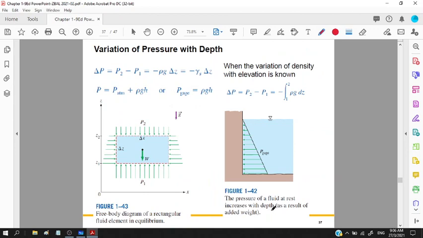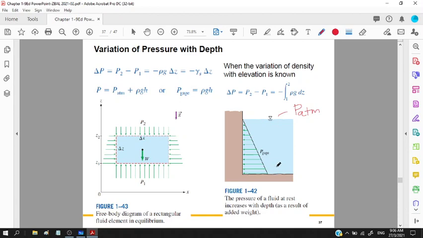And we see that pressure varies with depth. Let's say we have a pool or a tank, whereby at the top surface of the pool, we are subjected to the atmospheric pressure. When we go down to the depth of this water level, we find that the pressure will increase.